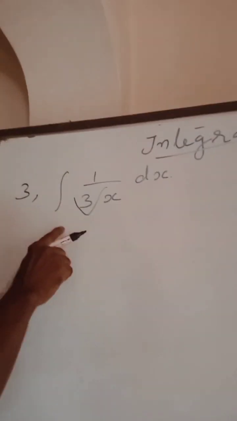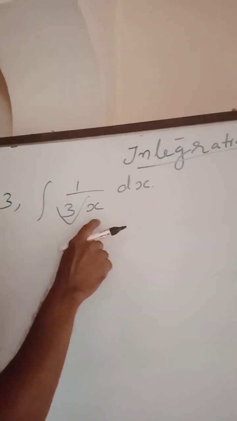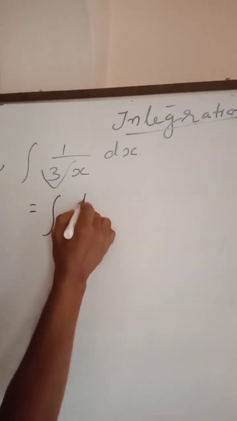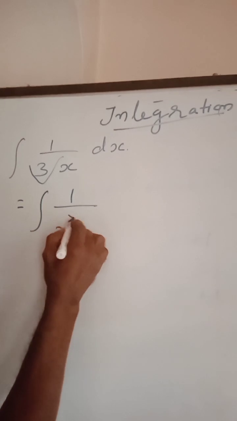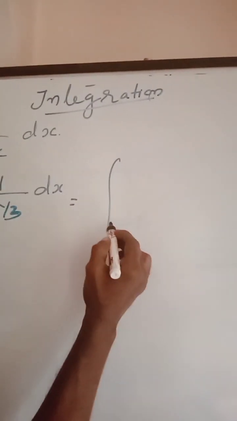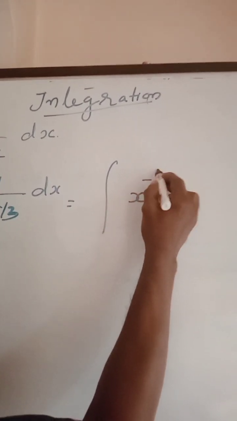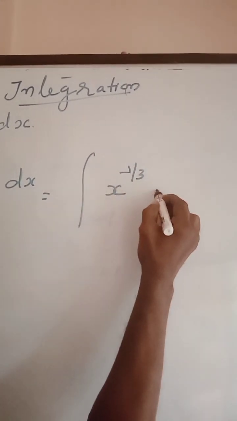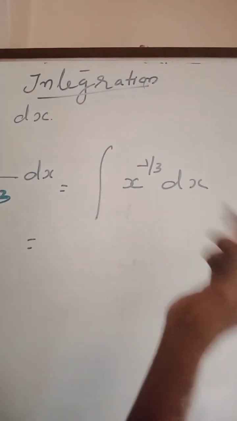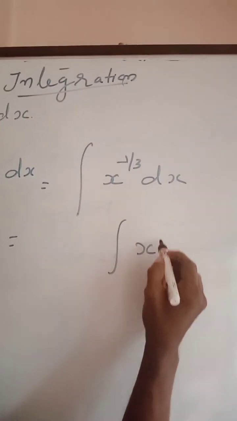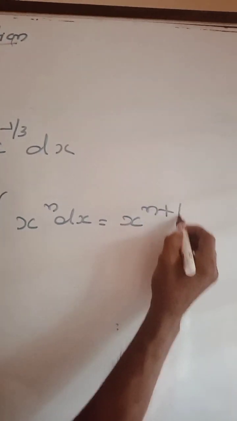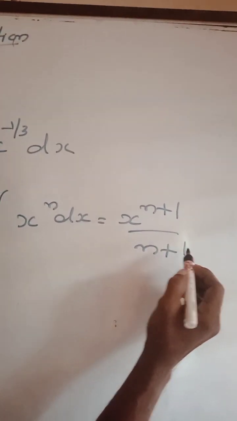Third question is integration of 1 by cube root of x dx. This we can also write as integration of 1 by x raised to 1 by 3 dx. This is equal to integration of x raised to minus 1 by 3 dx. This we can also compare with the result integration of x raised to n dx is equal to x raised to n plus 1 divided by n plus 1.